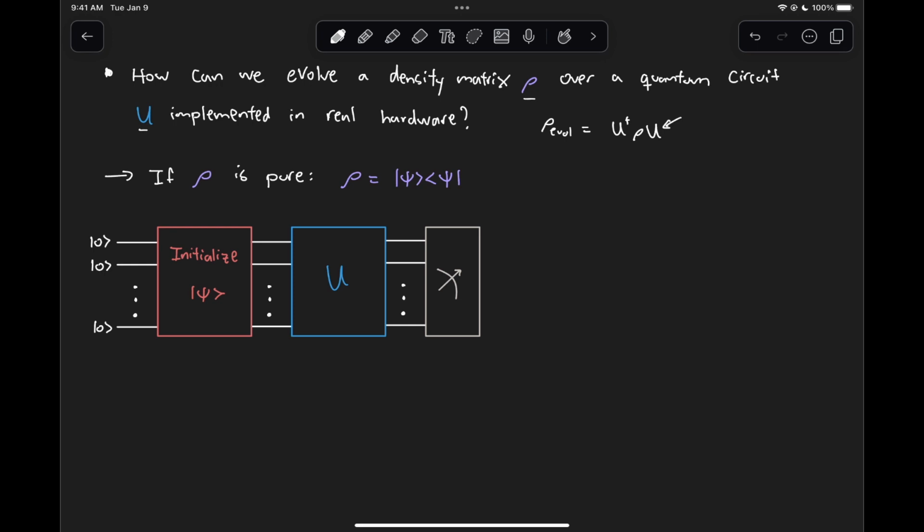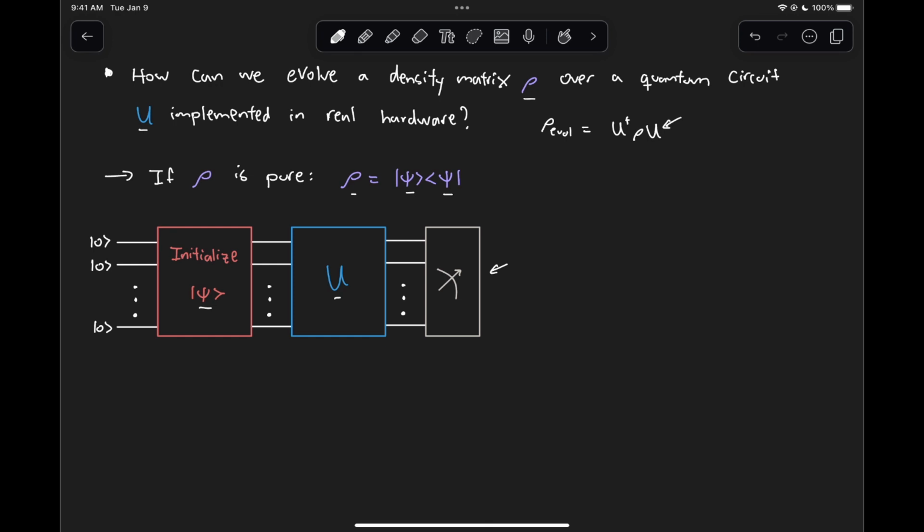Because for a pure state, ρ is given by the outer product of some state psi with itself. So all we need to do is initialize the all zero state to our state psi, run it through our quantum circuit in real hardware, and then measure it to collect statistics about the behavior of the overall evolved system.